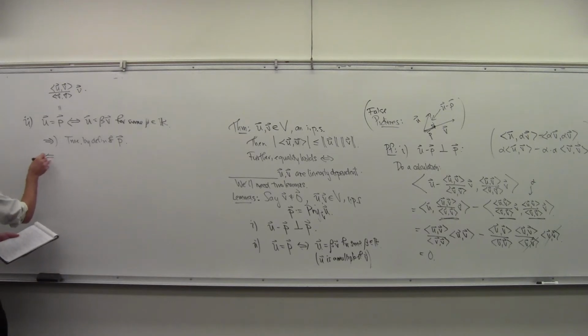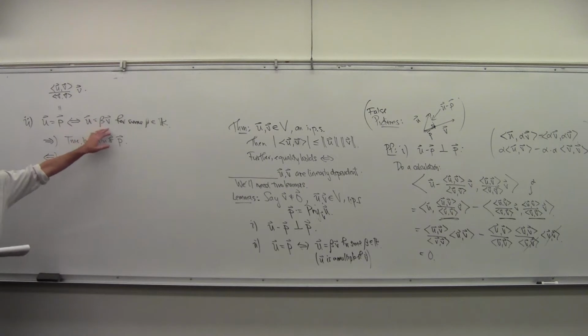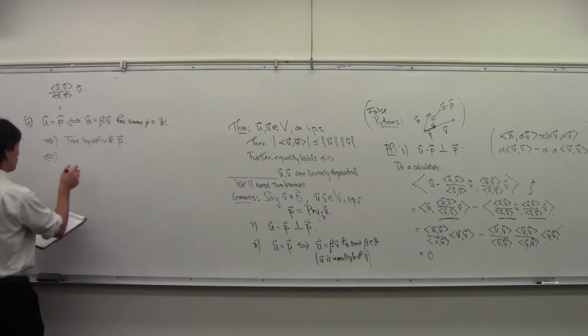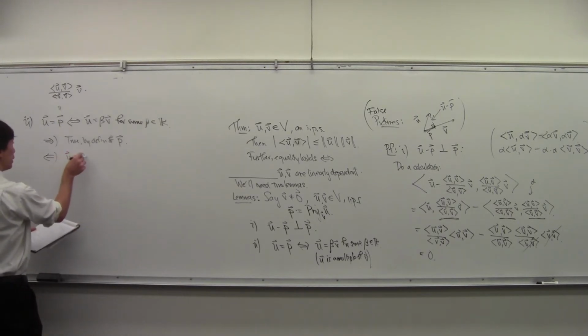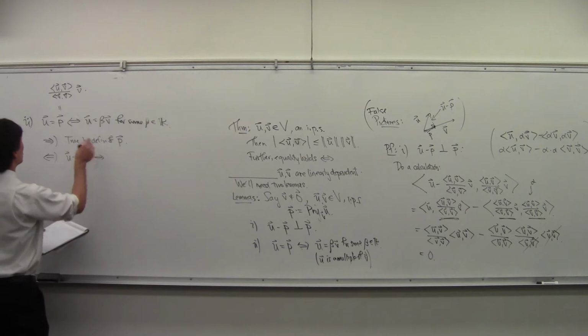Okay. What about the backwards direction? If U is beta V, then U equals its own projection. Right? So if U equals beta V, then what's the projection?